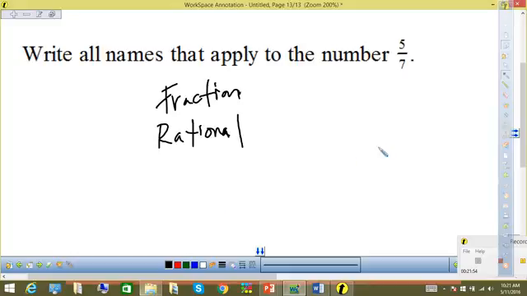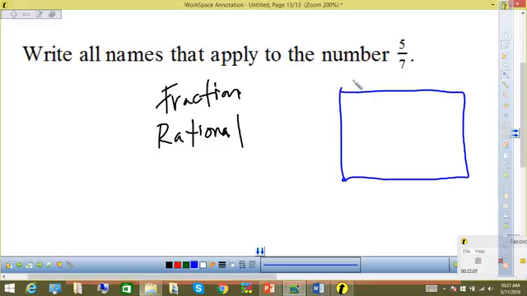Let me get your noodle going. Remember when we did real numbers? Carly asks, is an improper fraction still rational? Yes. In real numbers, there are 2 types of numbers: rational and irrational.